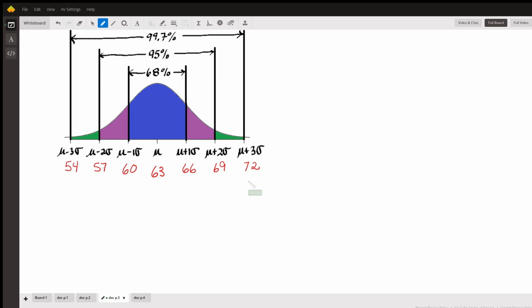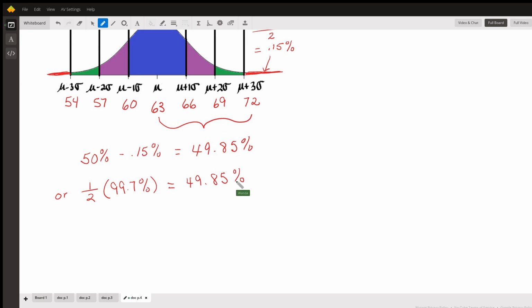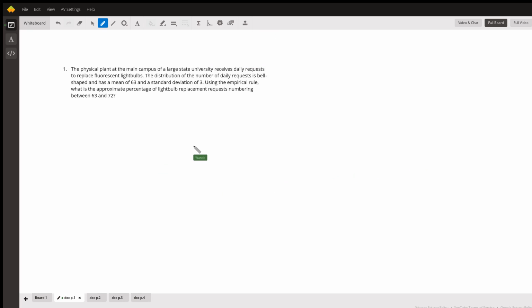Now, let's answer the question. The question asks us specifically, using the empirical rule, what is the approximate percentage of light bulb replacement requests numbering between 63 and 72?